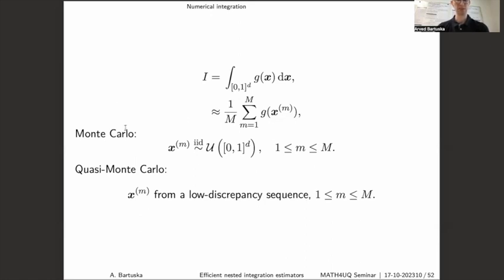But these two will be the ones that we focus on in this talk, with some small caveat that I will get to in a second. And if we want to integrate over a general domain instead of the unit hypercube, we can transform the integrand, we can apply the inverse CDF of some other distribution. But basically, this is a form that we can write the integral.